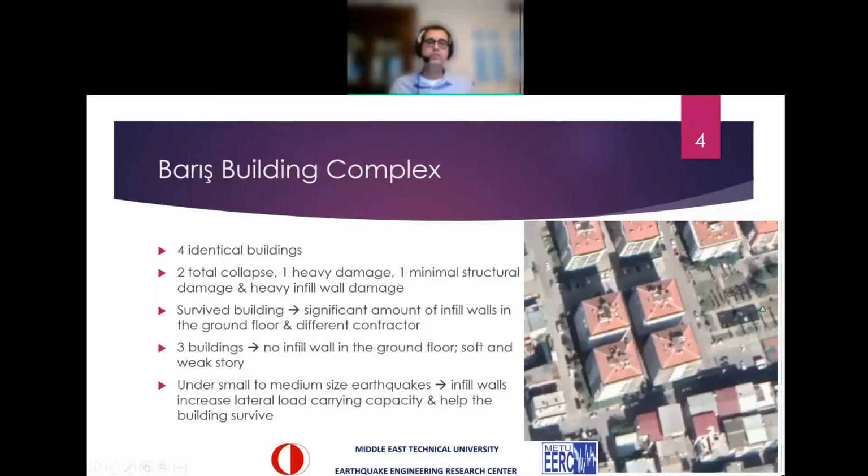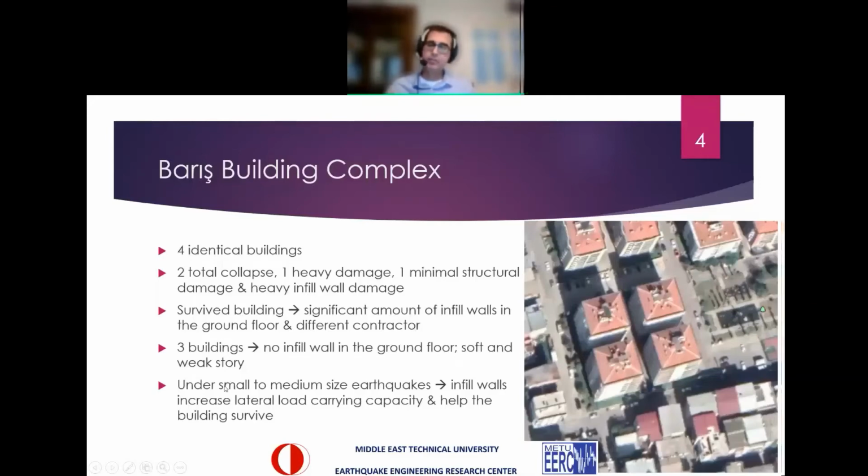First, I want to begin with the survived one. It has a significant amount of infill walls in the ground floor as compared to the other 3, because the other 3 have no infill walls in the ground floor. It has a lot of infill walls. And also the survived one had a different contractor.